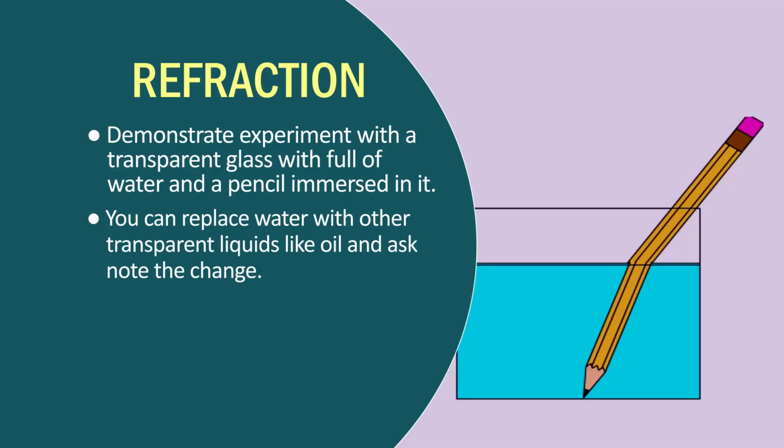You can give them kerosene oil, the edible oils we use at home, honey, many things. Then ask them, if they are putting the pencil at the same angle, is the tilt of the pencil dipped in the liquid the same or different? They will definitely tell you it is different. The angle is different for each medium where the pencil is dipped.